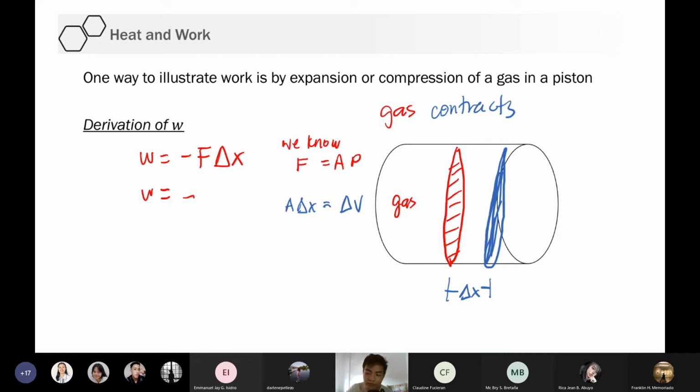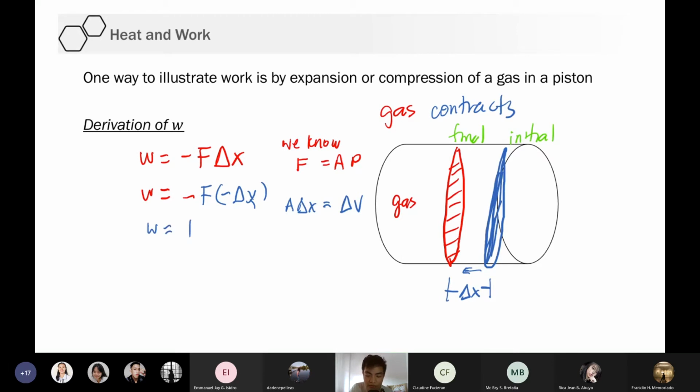Ibig sabihin, mas maliit yung final volume. So, ito yung initial. Ito yung final. Ang mangyayari sa atin is yung delta x natin ay magiging negative na. Bakit siya magiging negative? Kasi paatras siya eh. Pababa yung value niya. Mas maliit yung final kaysa sa initial. So, negative yung delta x.